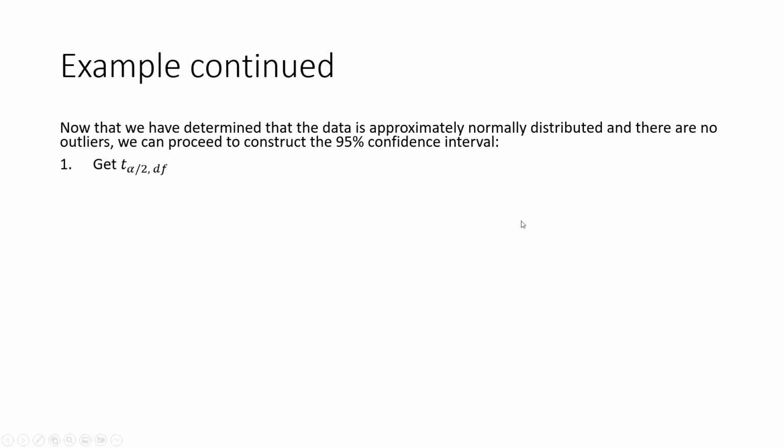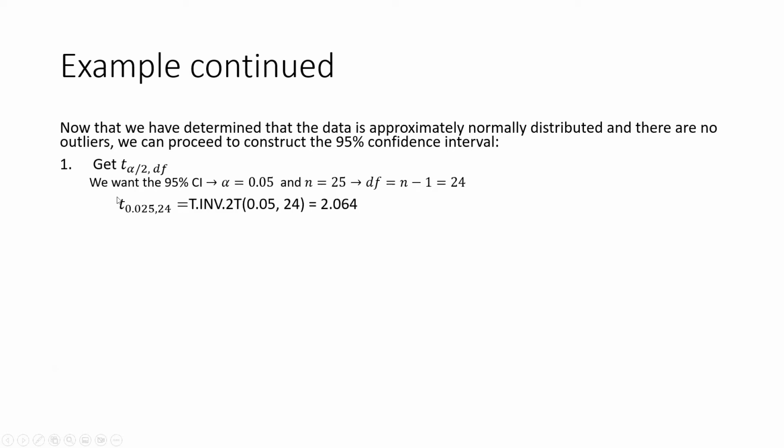So we want to get the t alpha over 2 comma DF, DF for degrees of freedom. Since we want the 95% confidence interval, alpha is 1 minus 0.95, or 0.05, and the sample size, which was 25, tells us that degrees of freedom is n minus 1, or 24. So we're going to put this into the Excel function T.INV.2T.